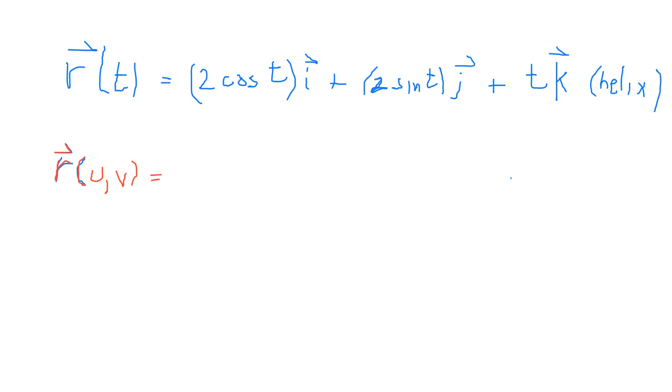Just so I don't have to write I, J, K, I'll use this notation: V times the cosine of U, V times the sine of U, and then U.